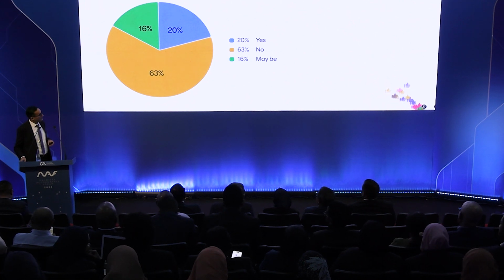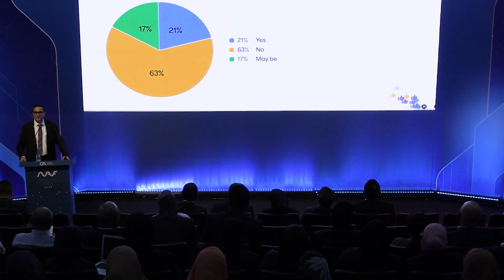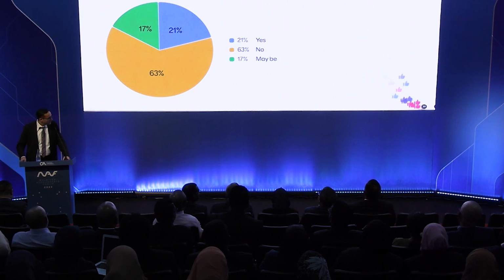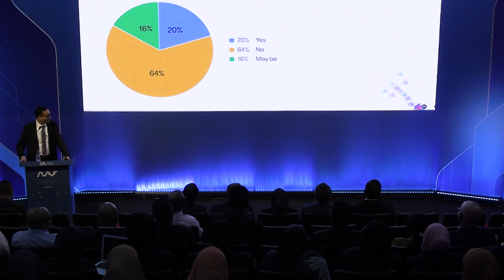Okay. Still, I see a very low number here. 27 people have participated. This room has easily more than 50 people. Way more than that. 100 people, right? Only 20 people. People have given up on AI, I guess. This is too complicated.